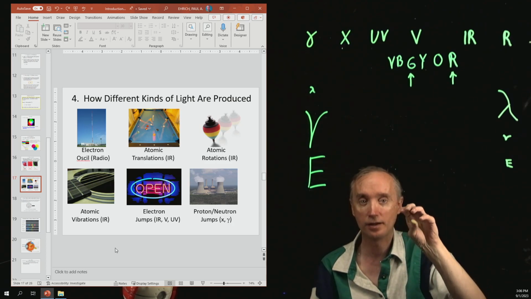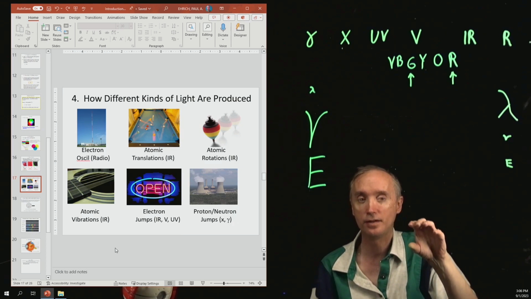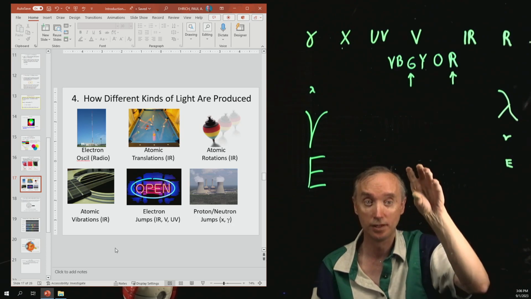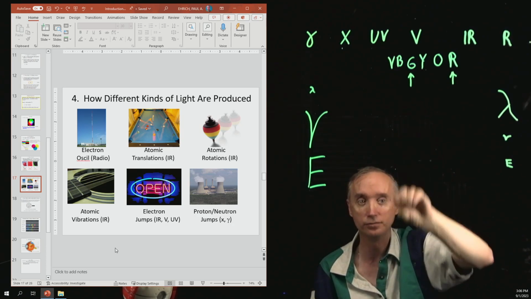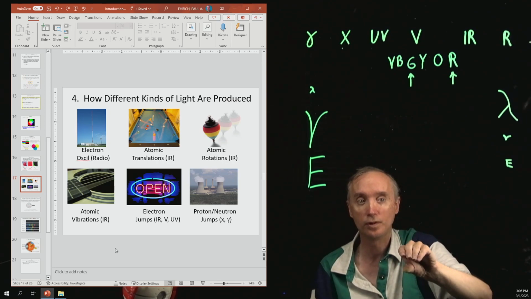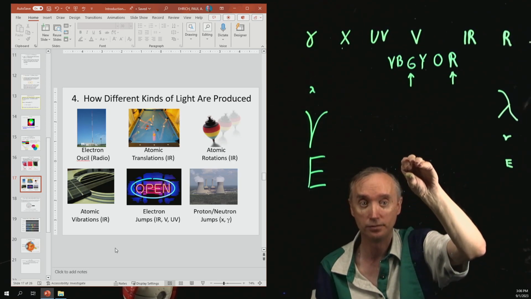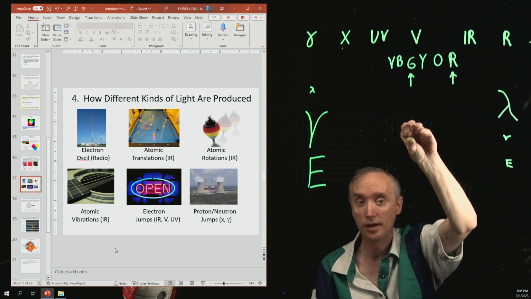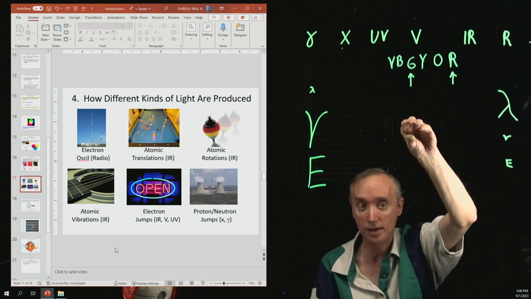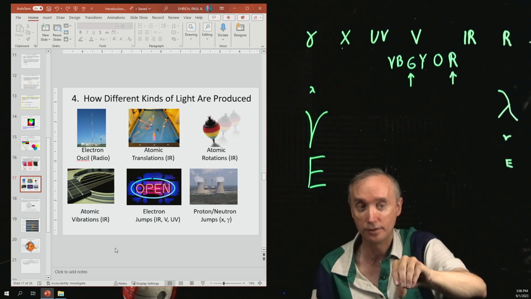So if you have electrons and you put them into a wire or an antenna, and that electricity is going up and down, well, as it's going up it has a certain speed, but when it gets to the top, it's got to slow down and come to a stop. And then it has to speed back up again as it's going back down the antenna.